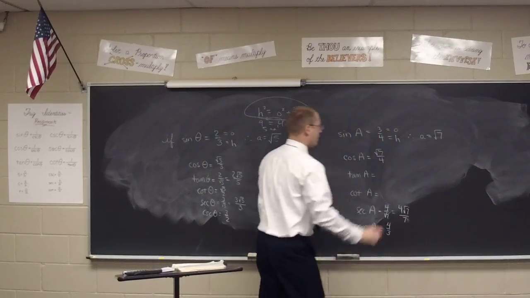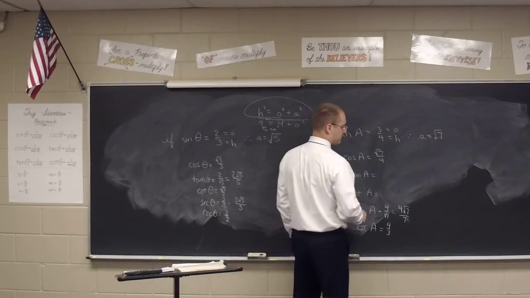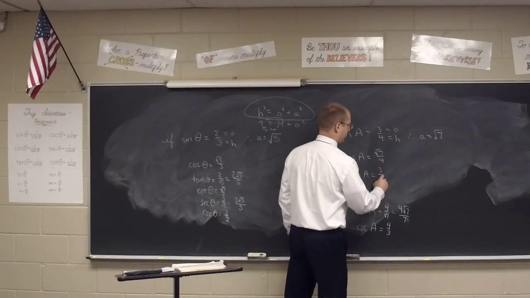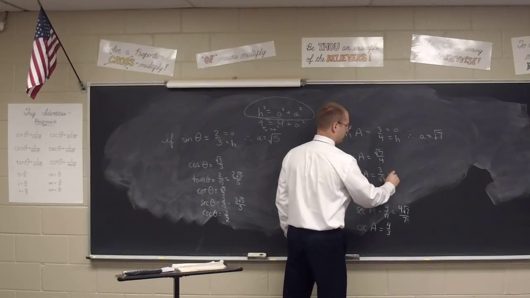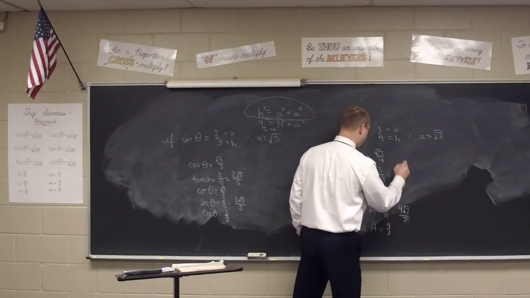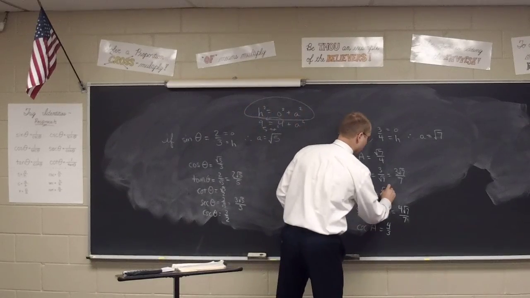There we go. All right. Chris, what's the tangent going to be? 3 over the square root of 7, which becomes 3 times square root of 7 over 7. All right, and then the cotangent, Quentin. Square root of 7 over 3.